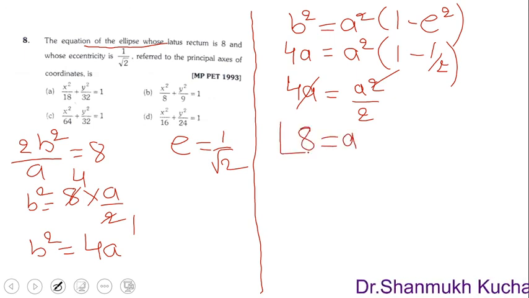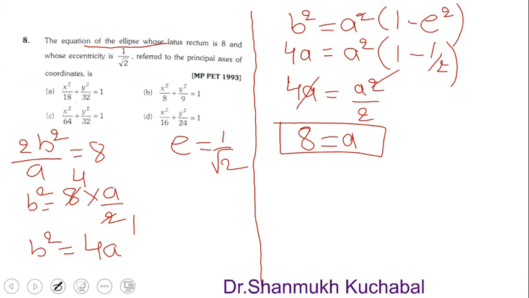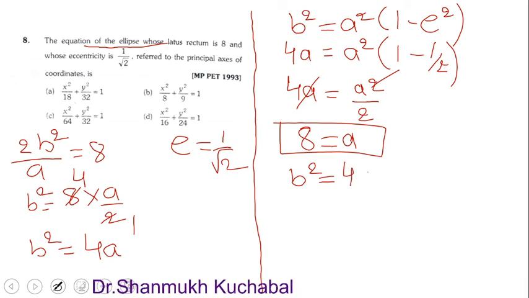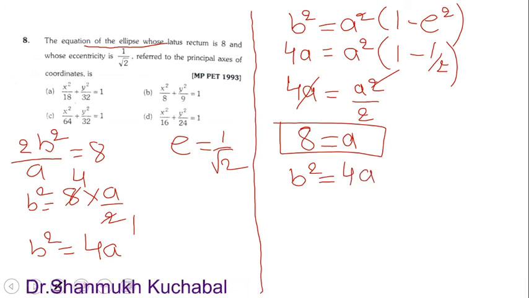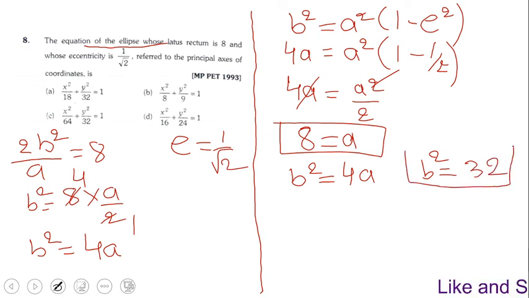So using this we get the solution for a. Then use the earlier step, b square equal to 4a, taking the a value as 8. So b square is 8 into 4, so 32 we get. This is the b square value.